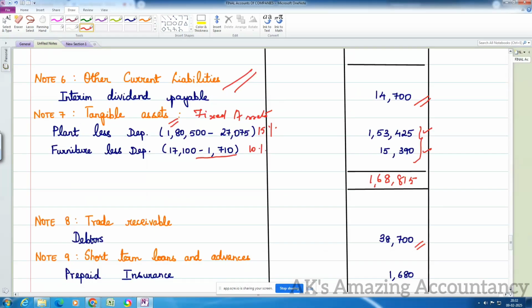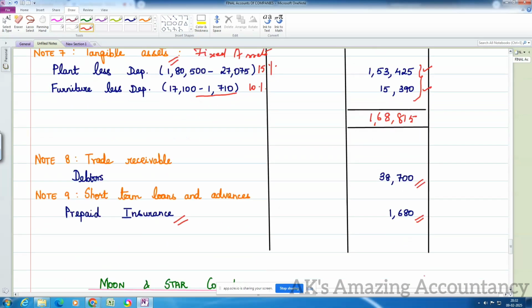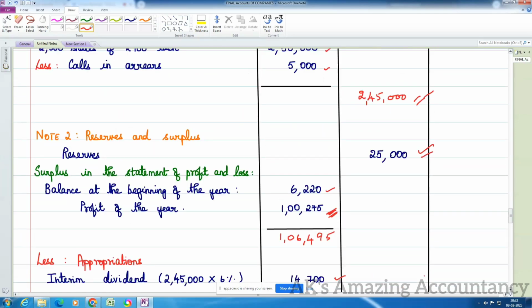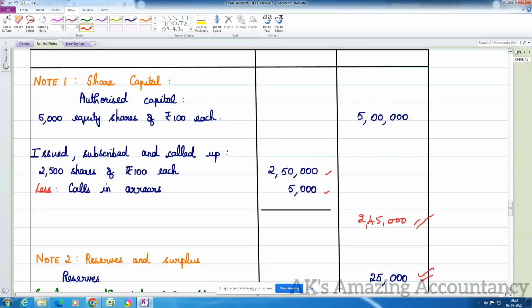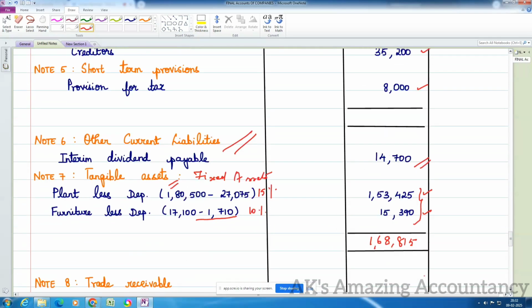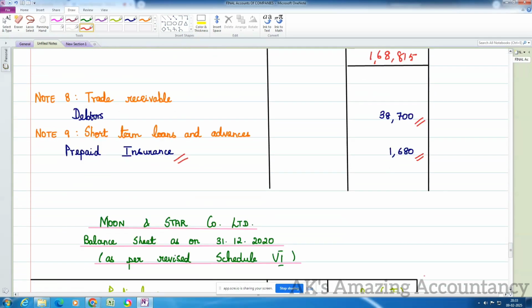So what will you do here? This 3 months insurance, prepaid insurance, will be recorded under short-term loans and advances. That is 1,680. Okay, so these are the various notes we have prepared, and now after preparing all these notes relating to the balance sheet, let us proceed to the preparation of the final balance sheet.